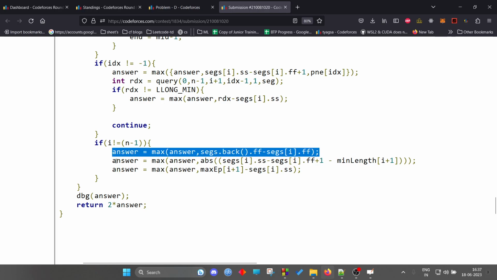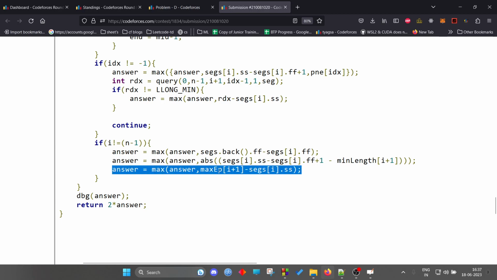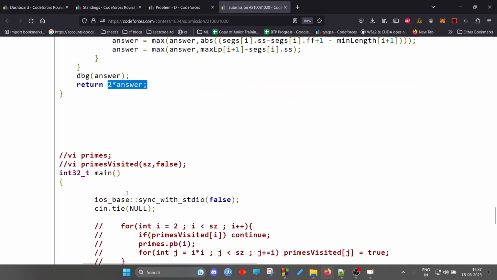This is case 2, this is case 3, so maximum endpoint, and this is case 4. So your length minus the minimum length ahead of you. Okay, and finally you multiply everything by 2.